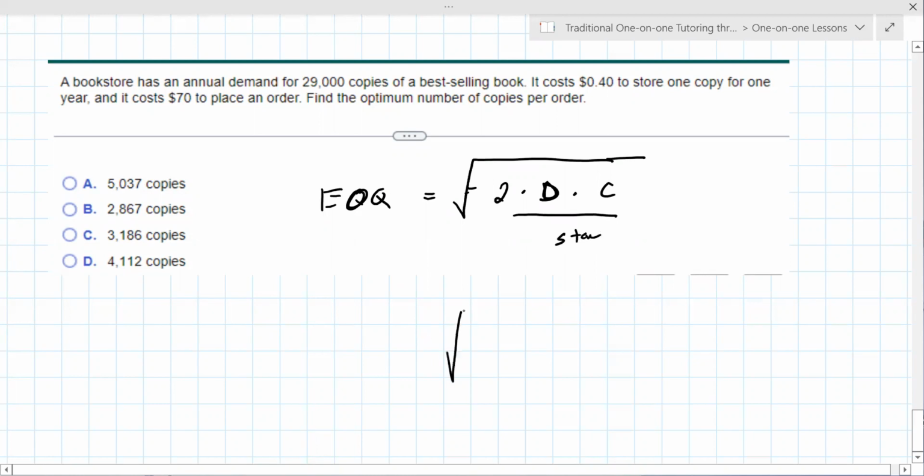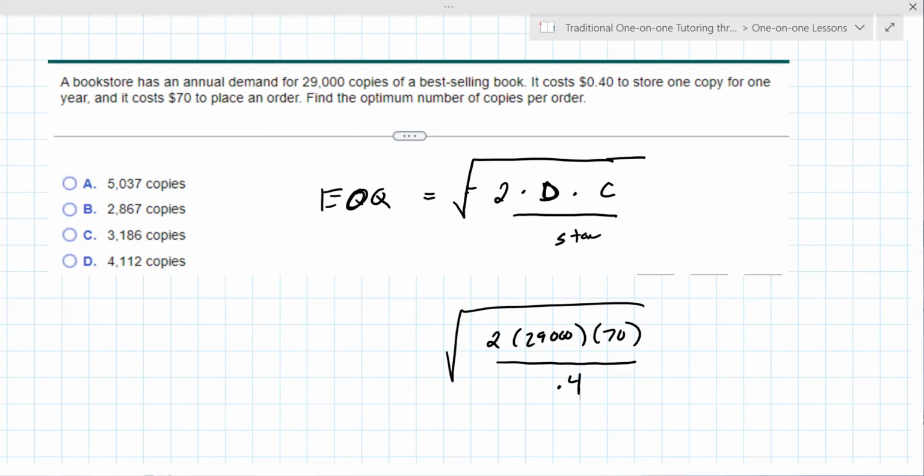But the result here is that it's 2 times 29,000. The order cost is $70 over 0.4, like that. And this you'll see again if you take any supply chain management classes.